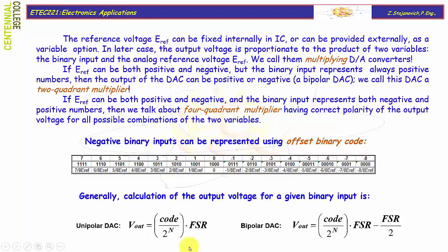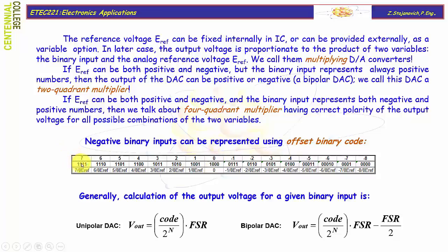If you ask yourself how we are going to represent negative numbers, negative binary inputs can be represented by using offset binary code. Here is one example, which utilizes an offset from the lowest value, which in binary form will be 0, 0, 0, to the half range, so that 1, 0, 0 designates a 0 decimal number.